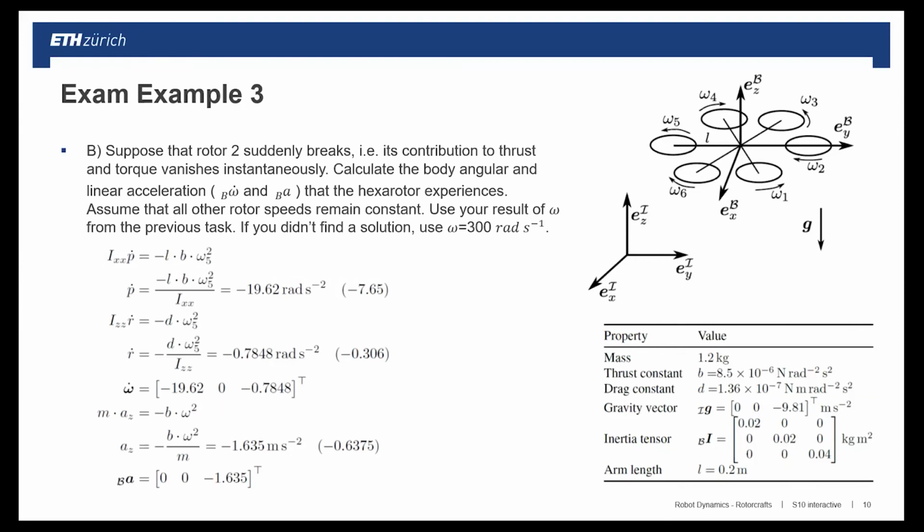And then we would like to have the body angle and linear acceleration of the system after it lost a rotor. Or it could also be just that one rotor stops. If you had not answered the first question, you would be given a rotational speed, but typically you take the rotational speed from the system above.